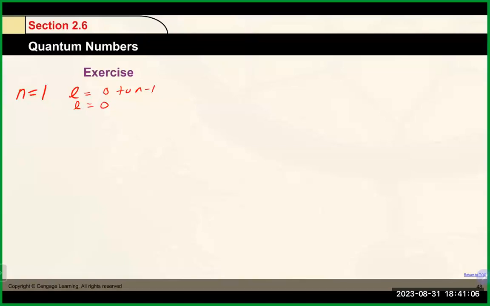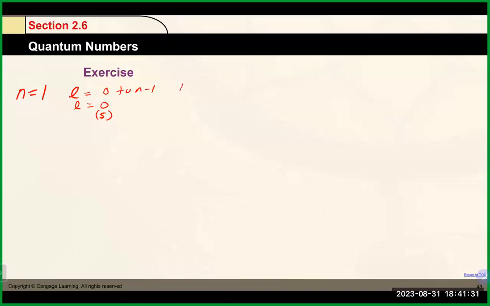An L value of 0 represents our favorite orbital, the s orbital. So what this is telling you at this moment is that on the first energy level, there can be an s orbital. No other numbers are there besides 0, which means no other orbitals are going to be present on that energy level.